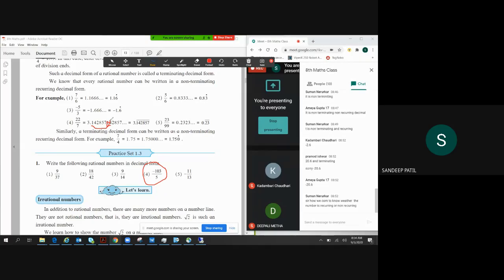You don't have to keep calculating till 10 or 20 digits. Carry out the division till the 7th or 8th digit, and if you see the pattern, then you can write that it is repeating or recurring. If you do not see a pattern, that's fine, but it is non-terminating. It is not always possible that there will be recurring.